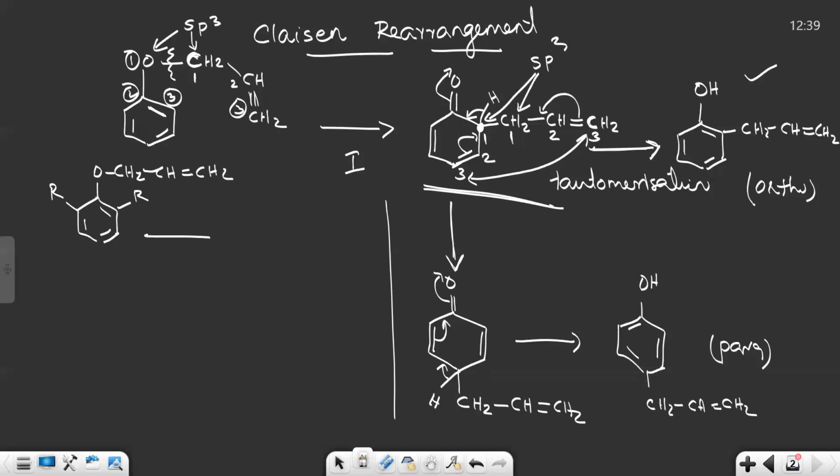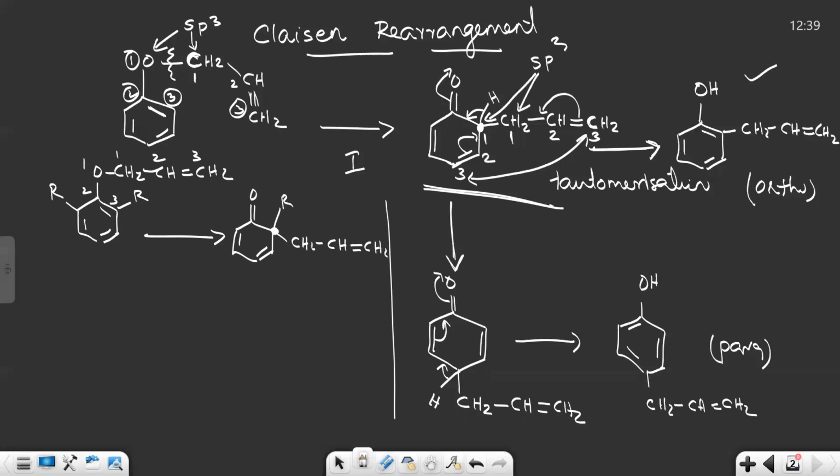When the rearrangement takes place, 3,3, so this one is 1, 2, 3, 1, 2, 3. So rearrangement takes place, and you will get double bonds here, a double bond to oxygen here, and then here one R group is there, and the newly attached CH2, CH, double bond CH2.